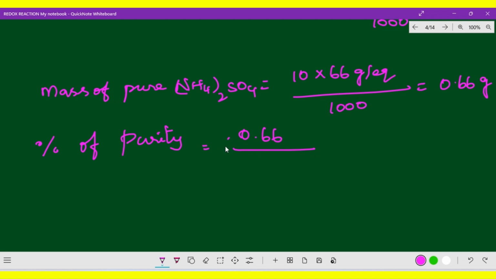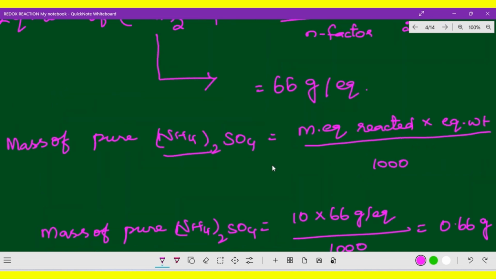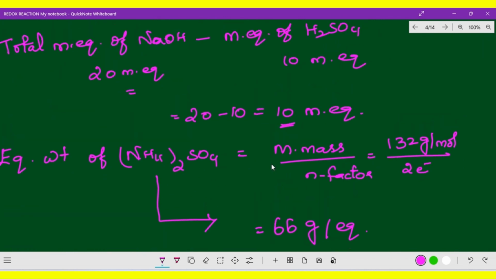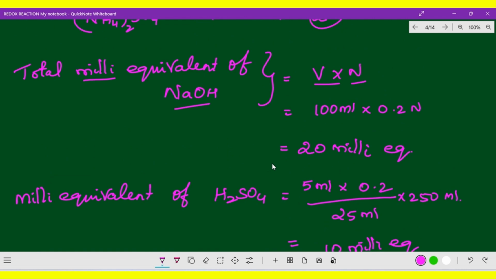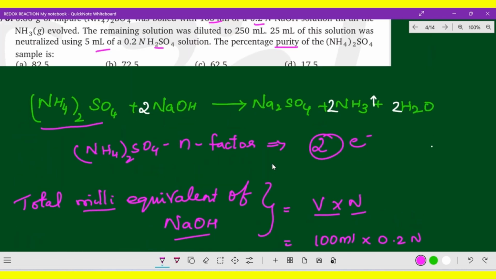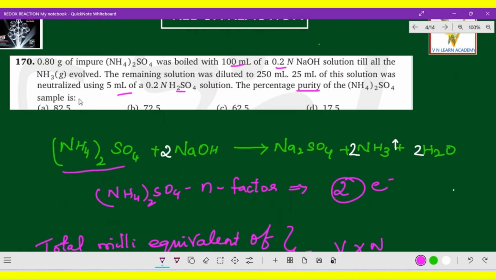How much gram has it taken? 0.80 gram. Where does 0.80 come from? It is in the data at the start: 0.80 gram of ammonium sulfate reacting with 100 ml of 0.2 N sodium hydroxide solution, and ammonia gas is evolved. That full story we have gone through, right?